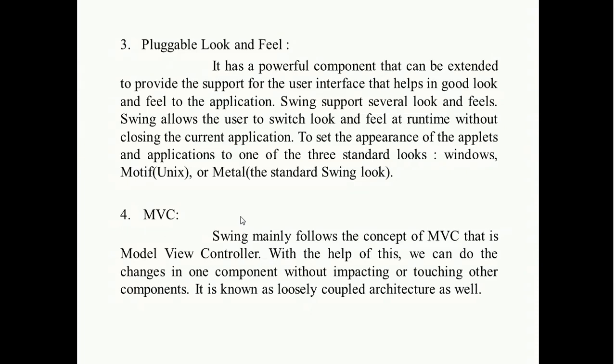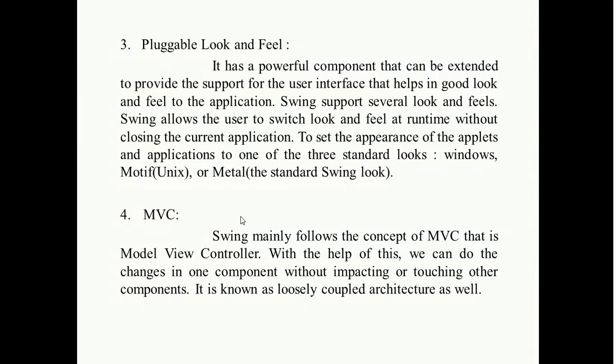The fourth Swing feature is MVC. MVC is nothing but Model View Controller. Swing mainly follows the concept of MVC. With the help of MVC, we can make changes in one component without impacting or touching the other component.